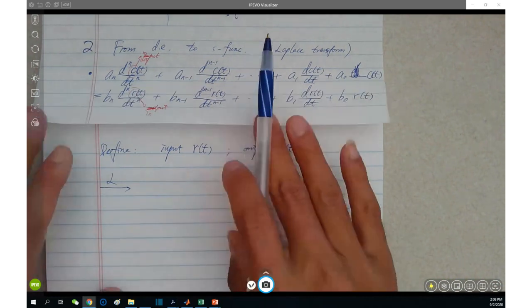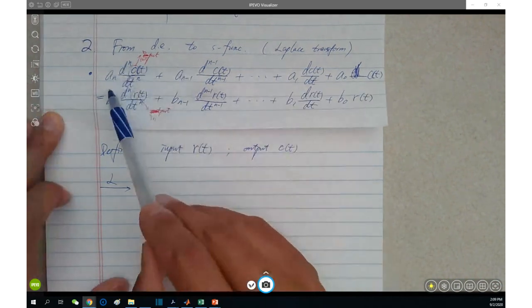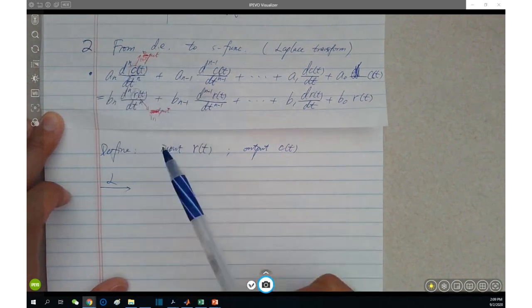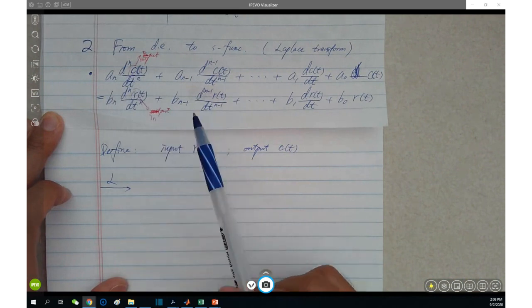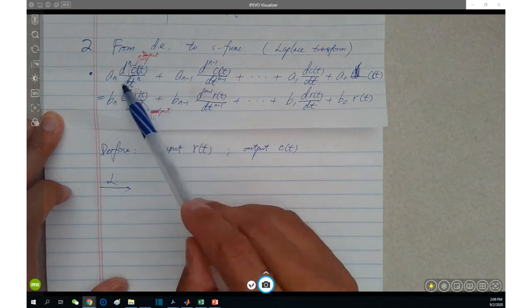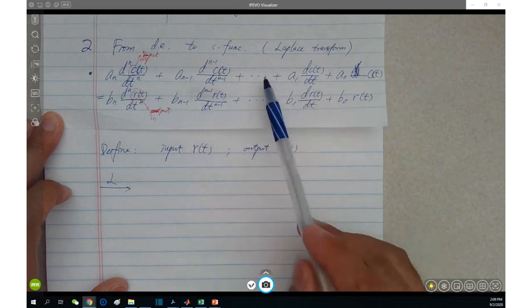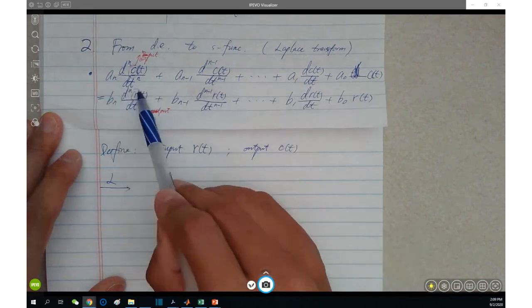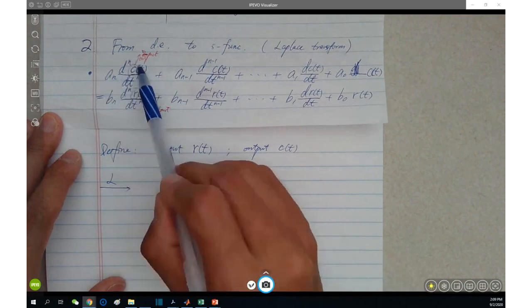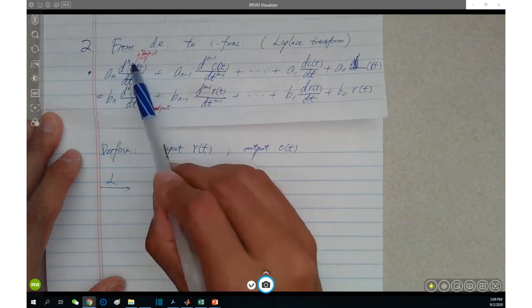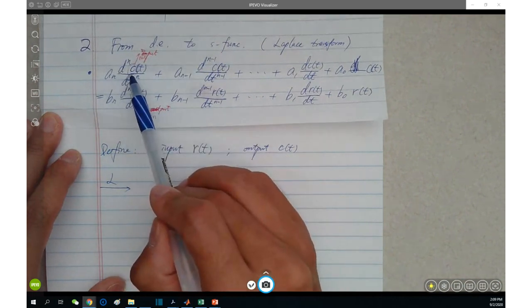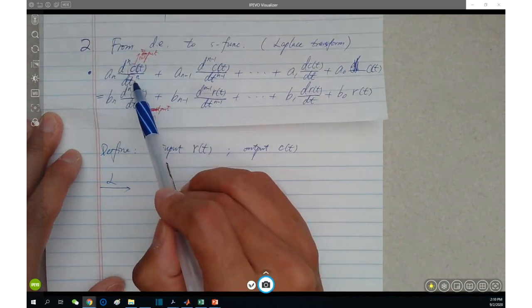How do we conduct this Laplace transform? First of all, on both sides of the equal sign, you are seeing a summation of a bunch of terms. So we can conduct the Laplace transform on each term and keep the summation. We do it one by one. The first term is a sub n times d^n c over dt^n.